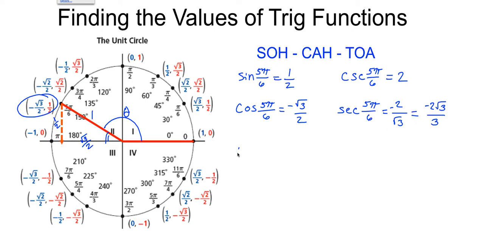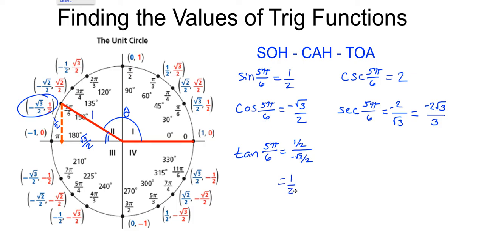Now the tangent of 5 pi over 6 is going to equal, again, the opposite side over the adjacent, or in other words, the sine over the cosine. So that's going to be 1/2 divided by a negative root 3 over 2. And if we're dividing by a fraction, really we're just going to multiply by the reciprocal.